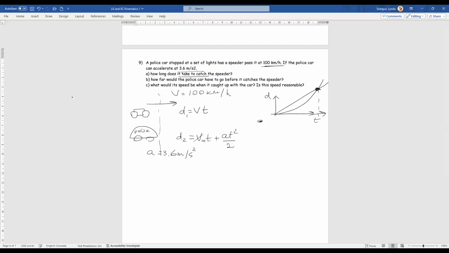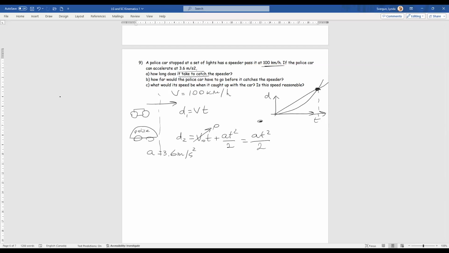So the idea is the same. If they meet, the distance that they pass will be the same. The distance the speeder's car will pass is speed multiplied by time, d1. D2, the distance police will pass, is v0t plus at squared over 2. Initial speed was 0 because police was at rest, just standing near the road. When it noticed the car had high speed, it started to chase. So basically it's at squared over 2.